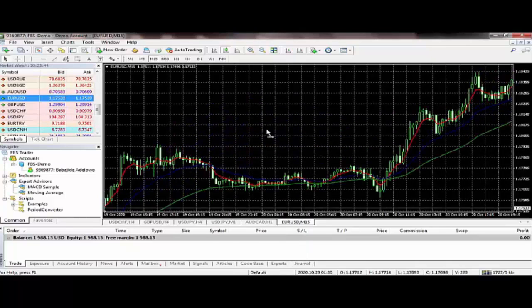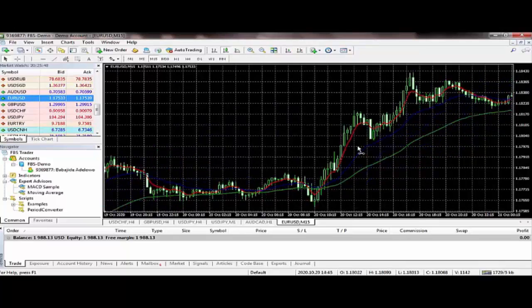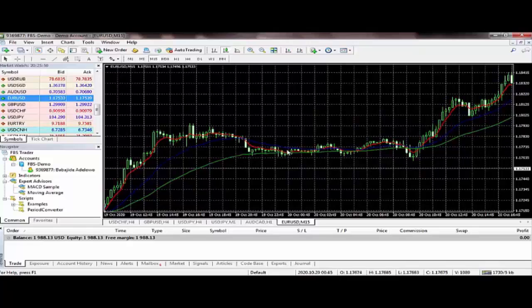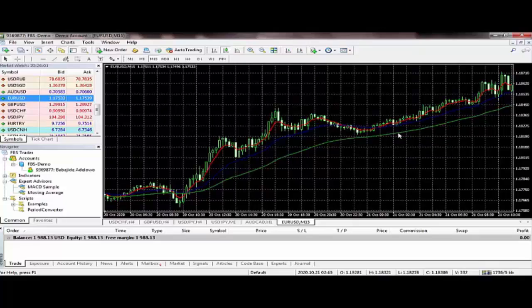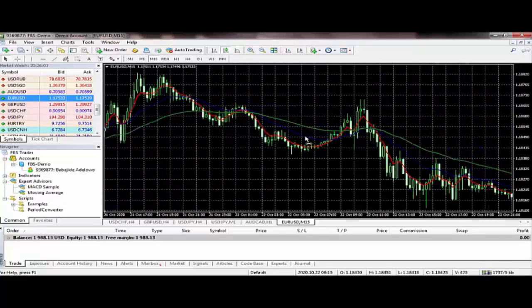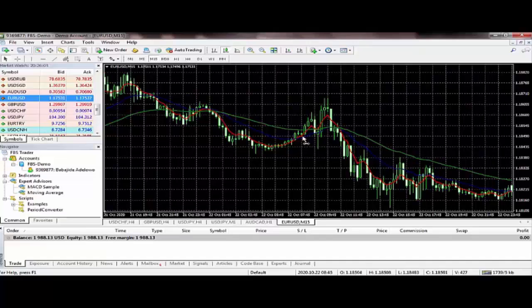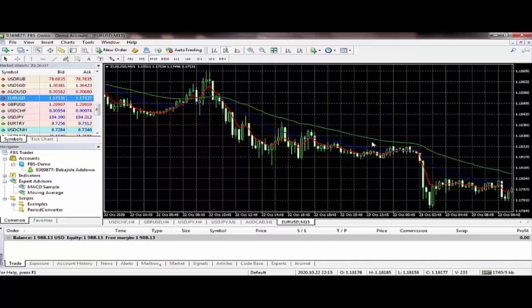So this is a strategy. Whenever the moving average 5 crosses the blue, which is 20, and both of them are over 50, then you look for an opportunity to take a buy. Look at it here.